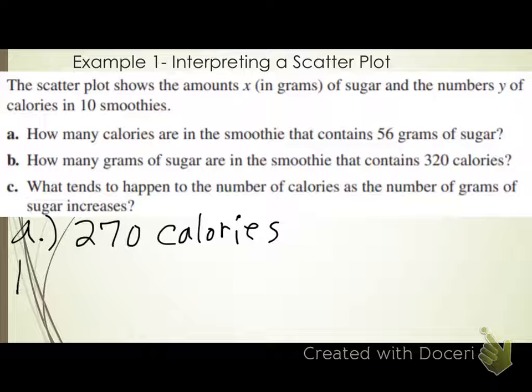Letter B. How many grams of sugar are in the smoothie that contains 320 calories? How do you think I'm going to approach this one? Looking at my y-axis now, because that's what's representing the calories. What number am I looking for on the y-axis? 320. I find the point that's at 320 on the y-axis. Look at its corresponding x value.